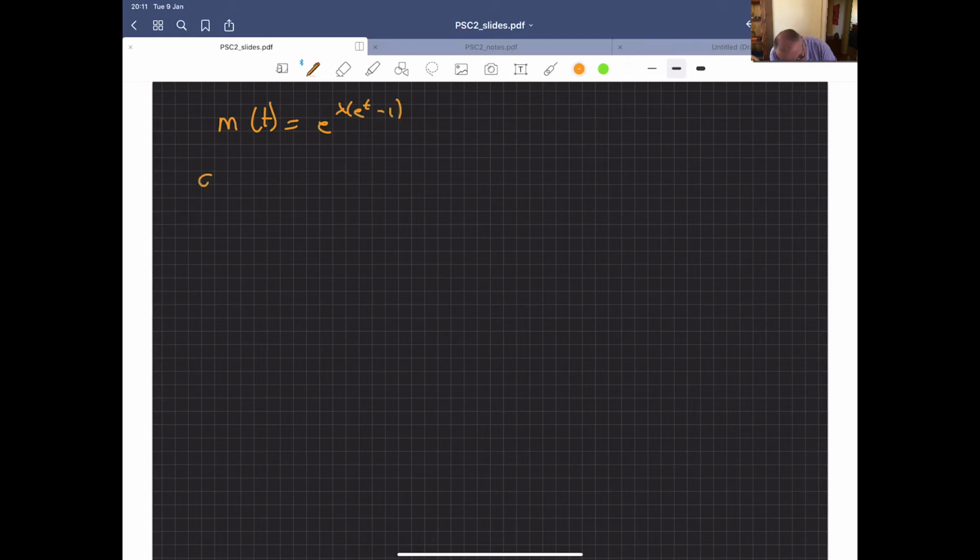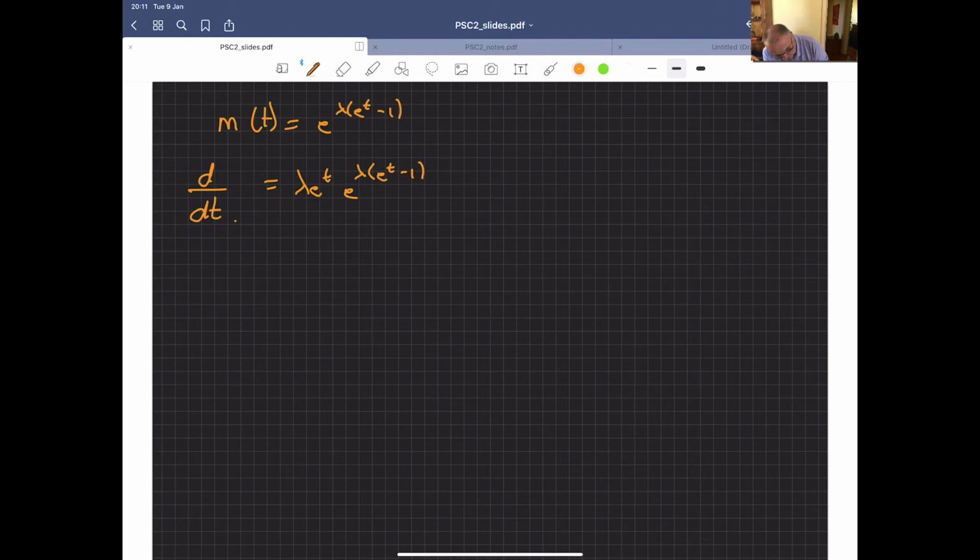So the first thing I'm going to do is differentiate that once with respect to t. Well, if we differentiate that with respect to t, you should get lambda e to the t times e to the lambda, e to the t minus 1.